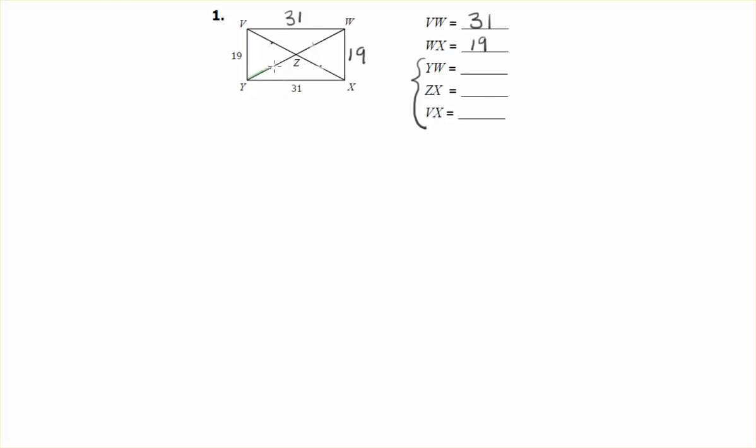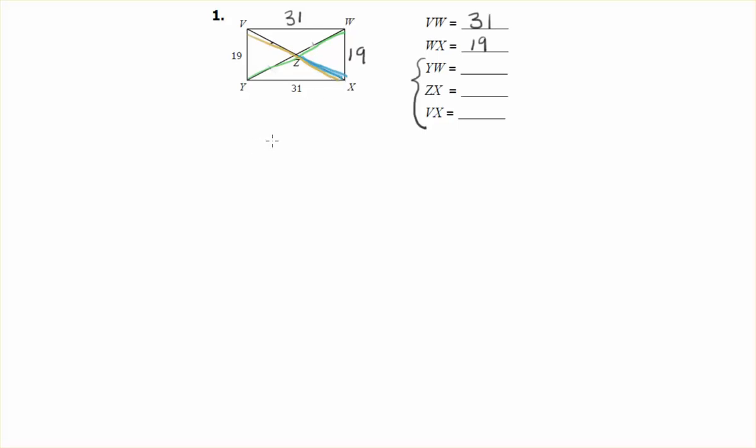YW is this whole length of our diagonal. And then ZX is just that one section, and then VX is the whole other one.